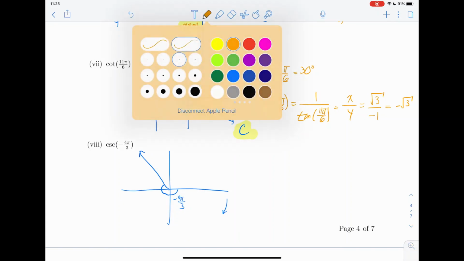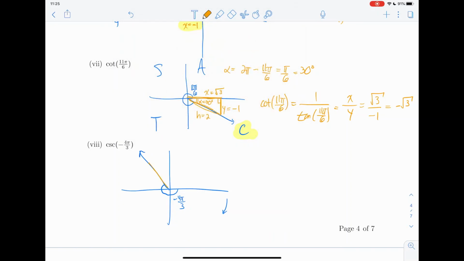So the reference triangle that we build is going to have that for its hypotenuse. Then it's going to have a height and a base, where the base is x, the height is y, the hypotenuse is h again. And the question is, again, what is this reference angle? We're going to call that alpha like we usually do.